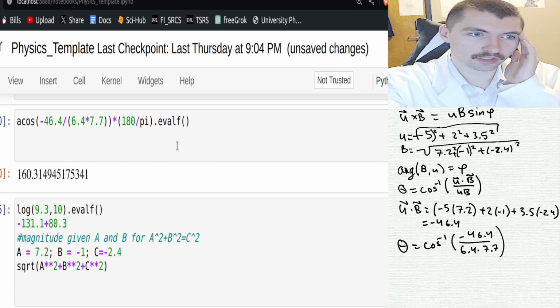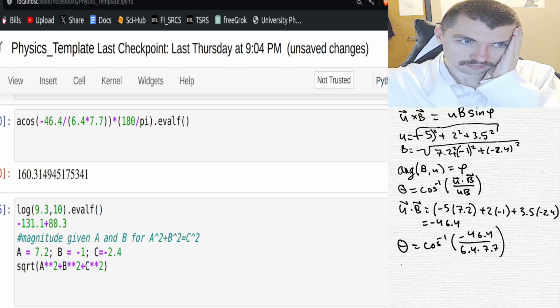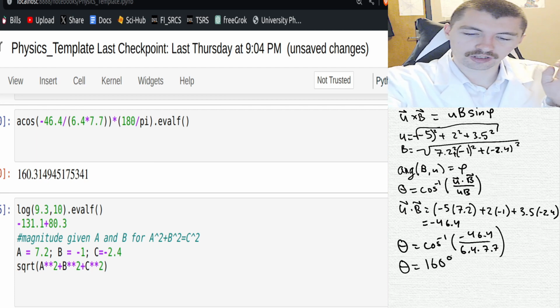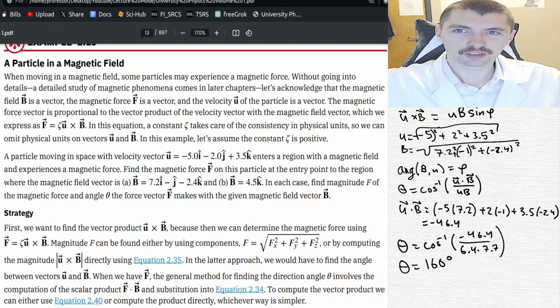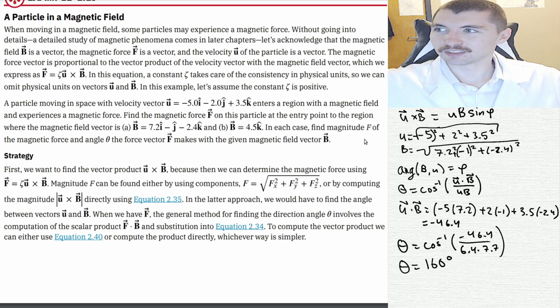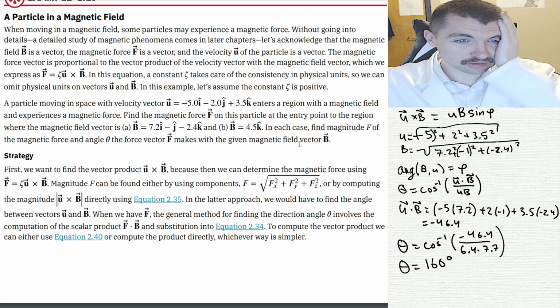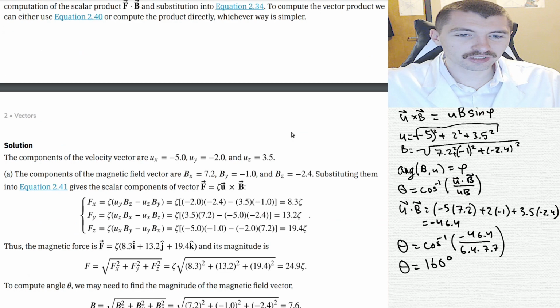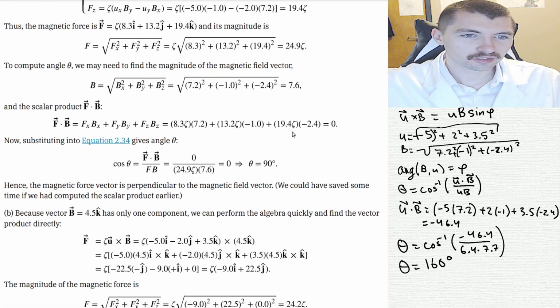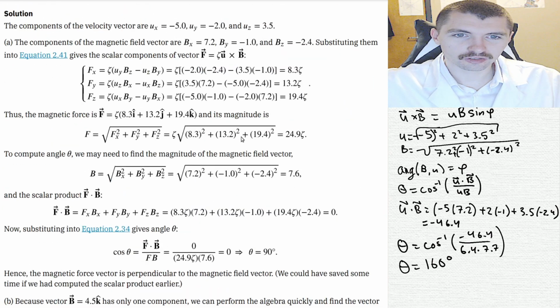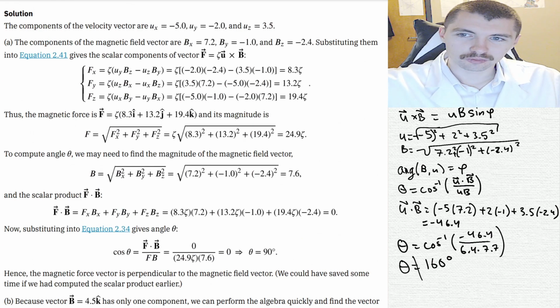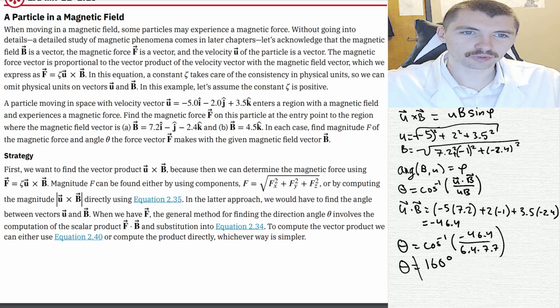Okay, 160 degrees. So I'm guessing it's 160 degrees. Final answer. All right, that was a very tedious calculation. Show me 160 degrees. No. That sucks. Okay, so we're off. Let's see what we did wrong.